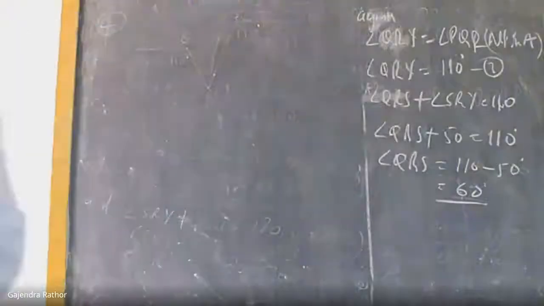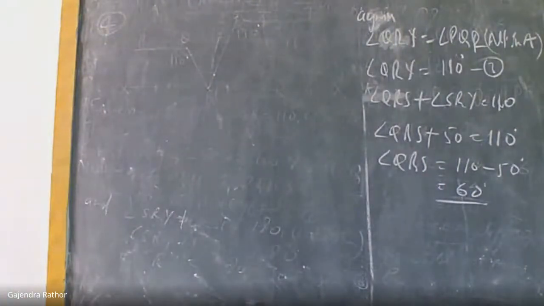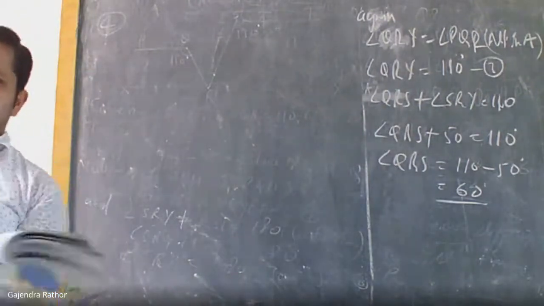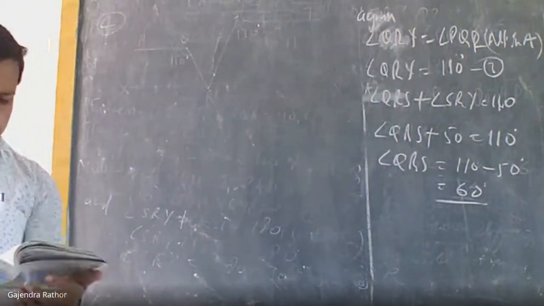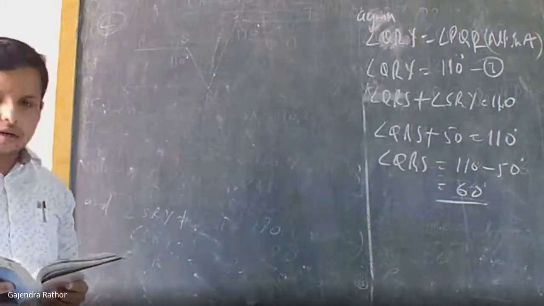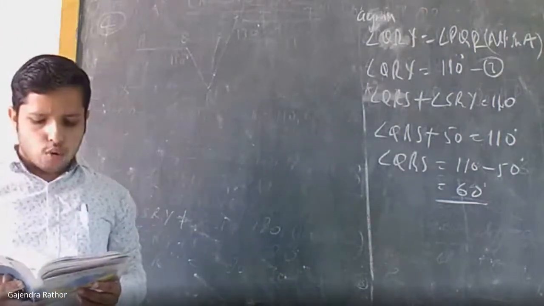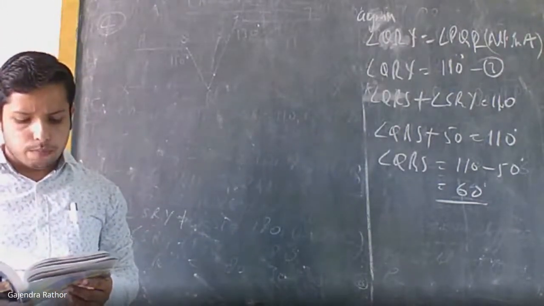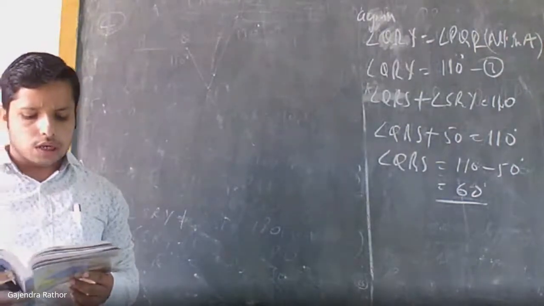The next, question number 6. In the figure, PQ and RS are two mirrors placed parallel to each other.